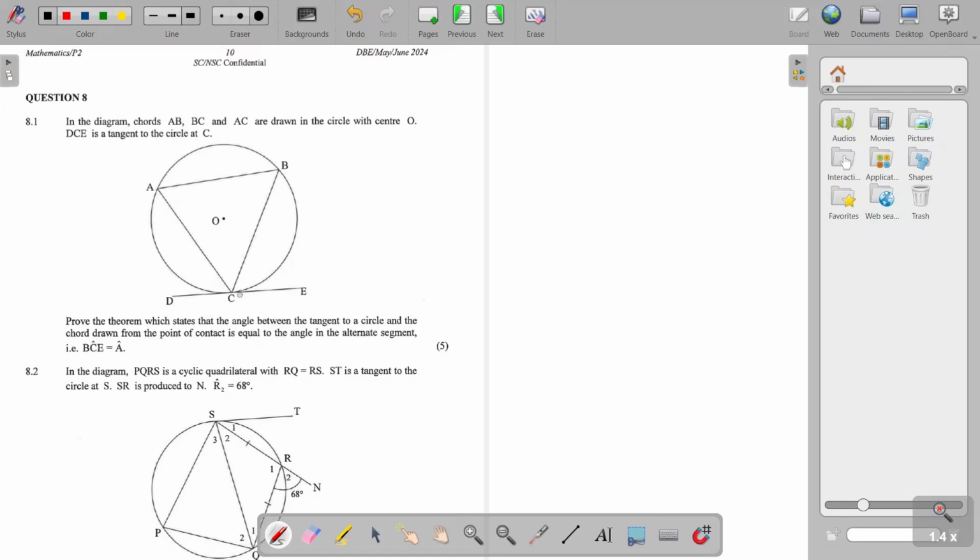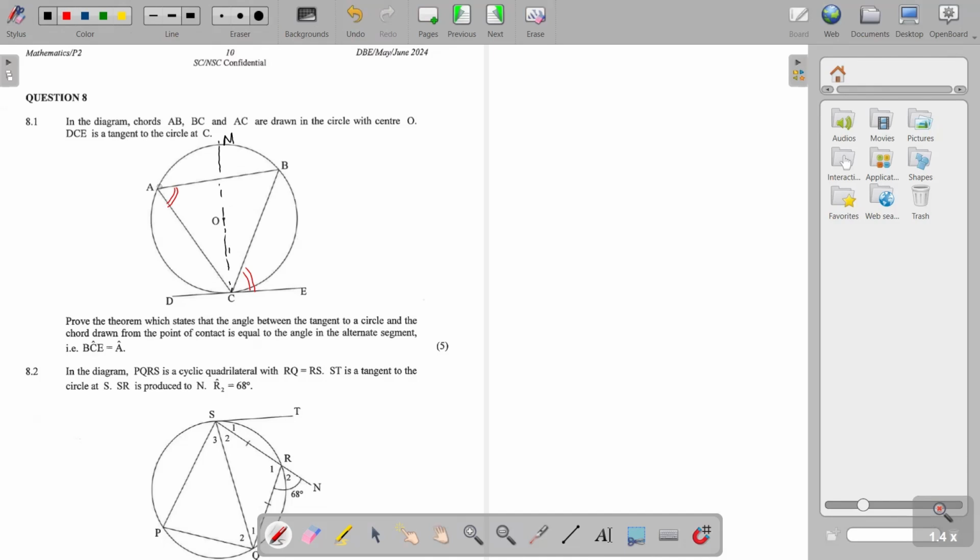Right. Alternatively, if you want to prove that the angle BCE is equal to angle A, we can construct a diameter from C up to a point which we can call M, so the diameter is CM.